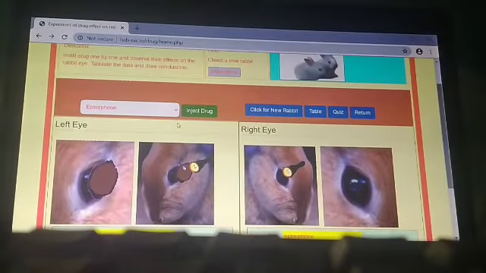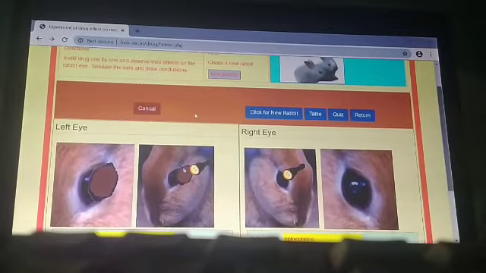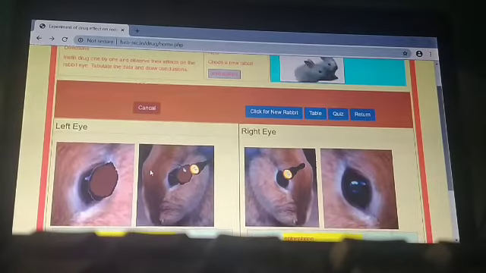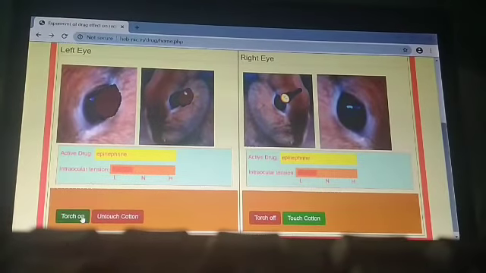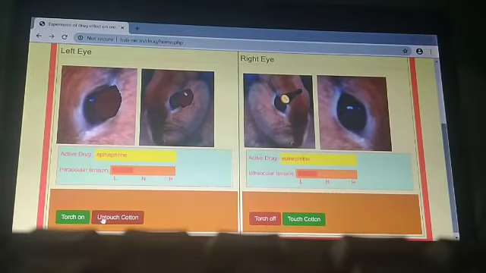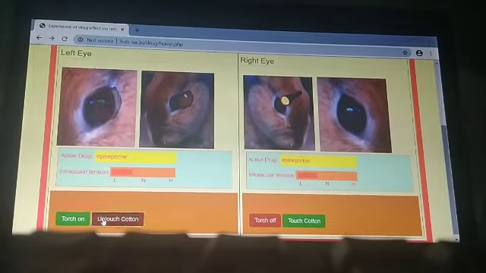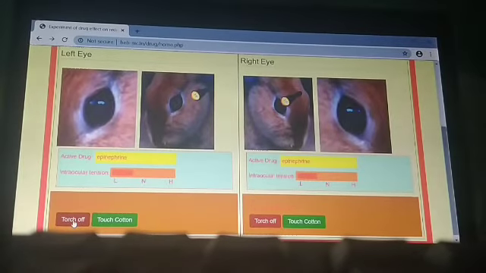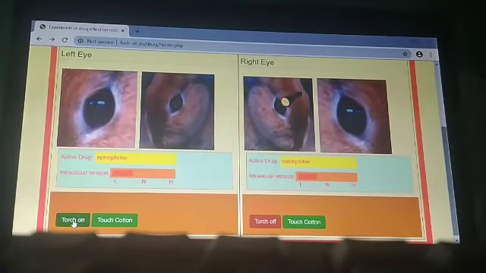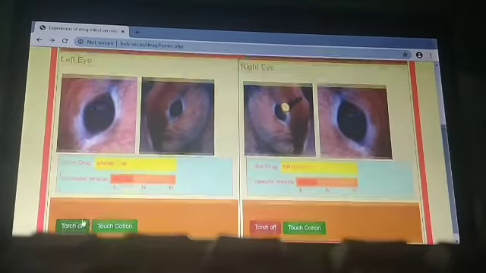For example, if we select another drug like atropine, inject. If I have injected atropine, untouched cotton, touch cotton, there is a corneal reflex, and the pupil size has been increased. If I am giving torchlight, then the pupil size is increasing.